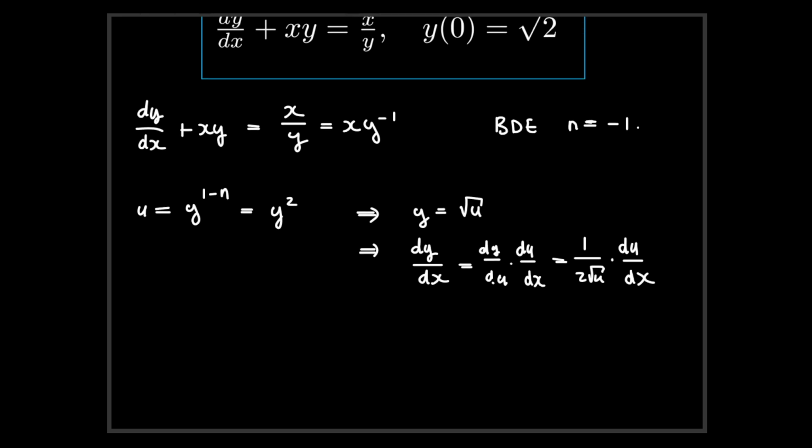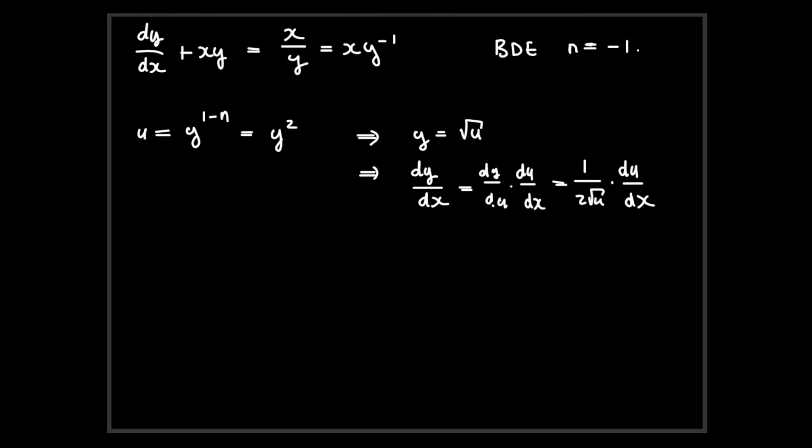Okay, great. So here we have computed dy dx in terms of u only, and also we know what y is in terms of u only. So we can make our substitution and get the following differential equation.